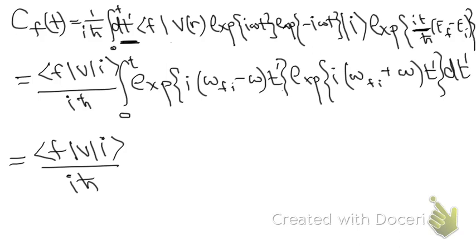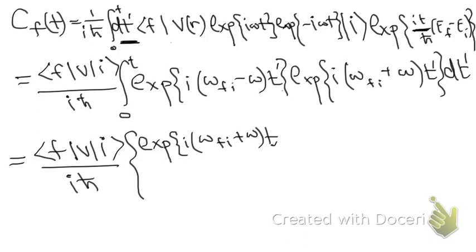Upon the evaluation of the integral, you get exponential iota omega fi plus omega times t, minus 1, and underneath you have iota omega fi plus omega.